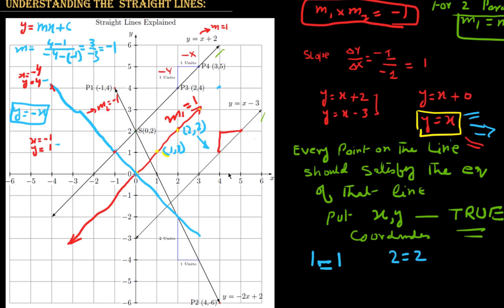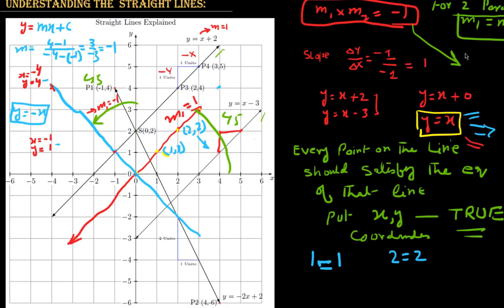Imagine that if you tilt this x-axis by 45 degrees, you reach there, and this y-axis will also be tilted by 45 degrees. So the x-axis and y-axis are perpendicular, and therefore this red line and blue line will also be perpendicular to each other, and the product of their slopes is minus 1. And this is true for all perpendicular lines.